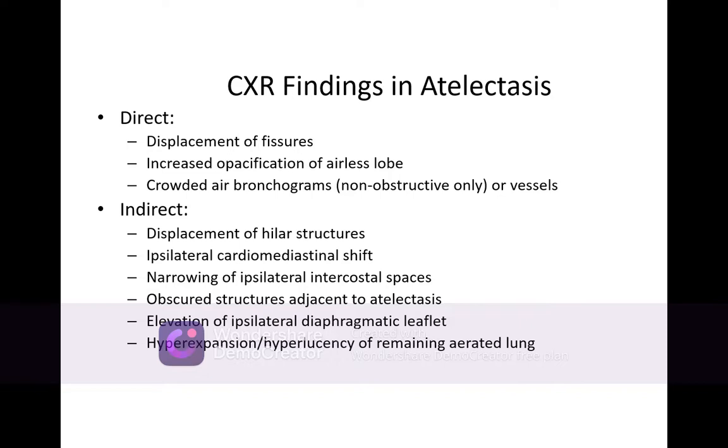Here it is elevated, because the lung volume is gone, just superior to the right or left hemidiaphragm. Hyperexpansion, or hyperlucency as we call it, of the remaining aerated lung is compensatory emphysema, in the remaining part adjacent to this. These are the indirect signs.